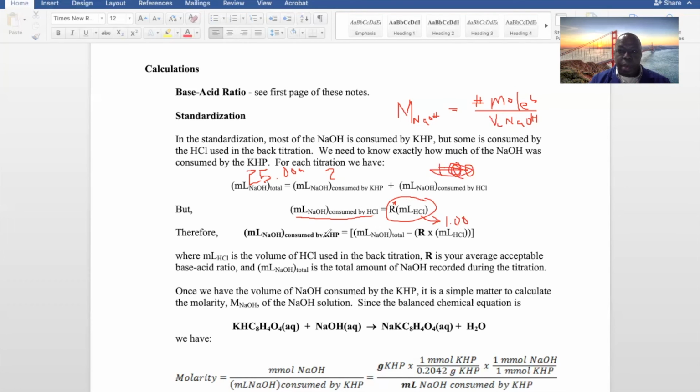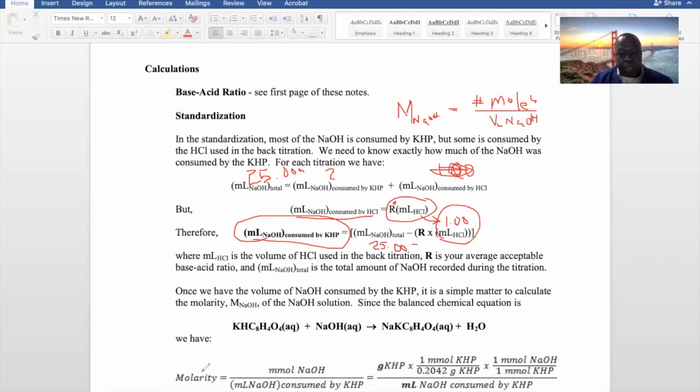So 25 ml, which was over-titrated, minus the average R value times the ml you back titrated for sample number 1, sample number 2, sample number 3, and sample number 4. Once you get the ml of NaOH consumed by KHP, you change that to liters and plug it into this equation to get the molarity of NaOH.